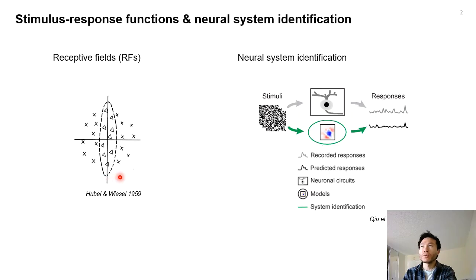Such stimulus response functions have been estimated by neural system identification methods. Here are the stimuli, and you can record the neuronal responses to these stimuli. With such stimulus response data, you can train a model. After training this model, you can use it to predict the responses to unseen stimuli.